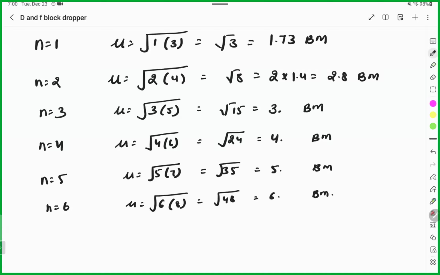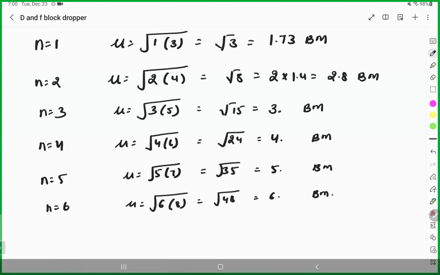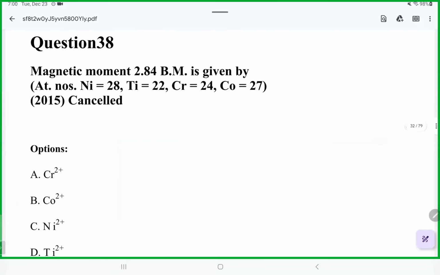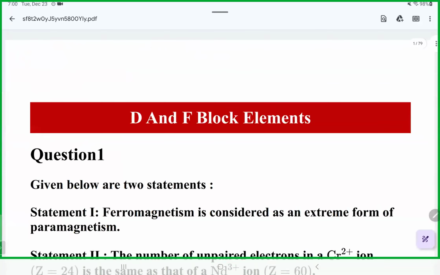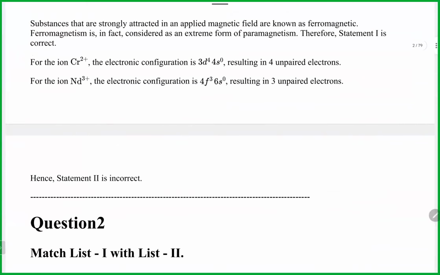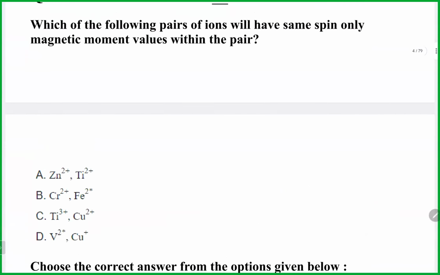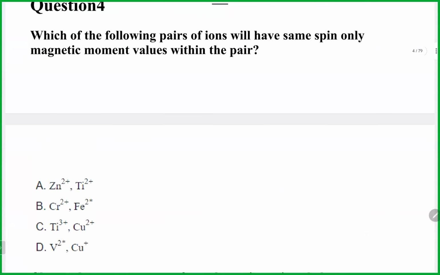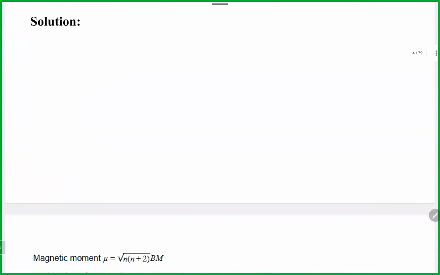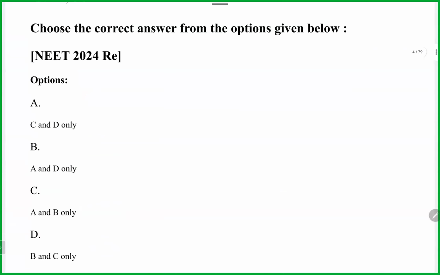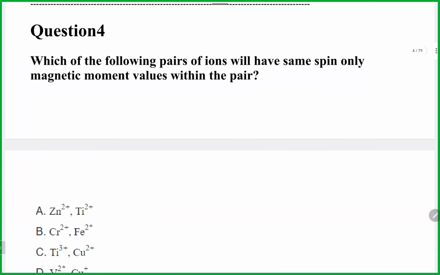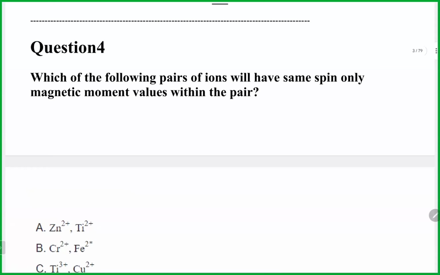Correct? Now, you should know this, because I have seen many questions in the PYQs on Bohr magneton. The question was: which of these have the same spin only magnetic moment?